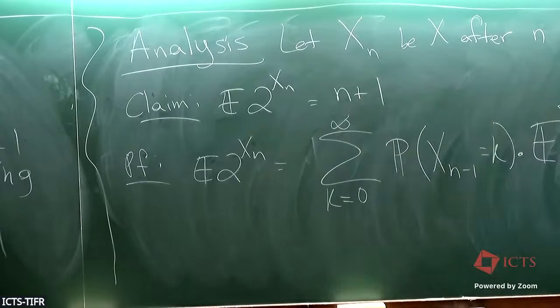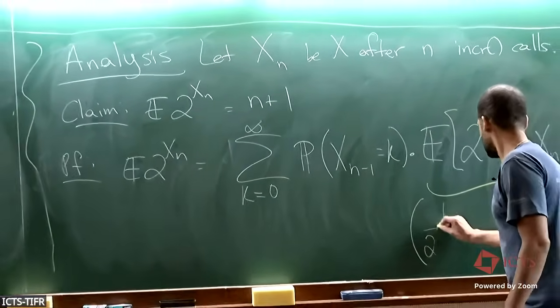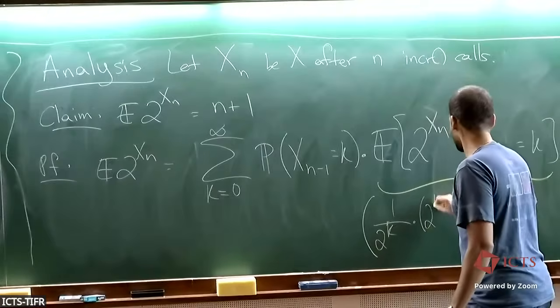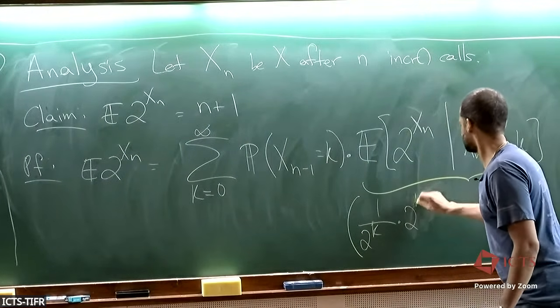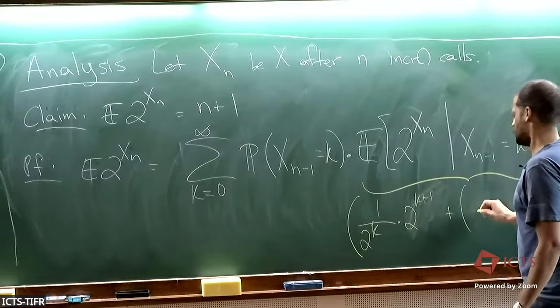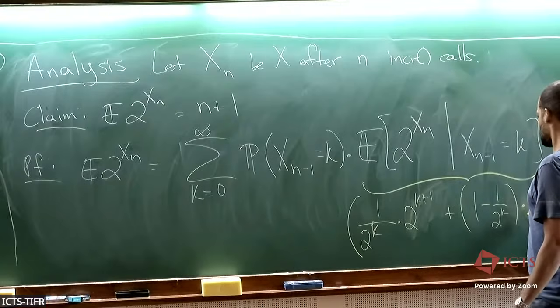What is this thing? Well, this is equal to 1 over 2 to the k times 2 to the k plus 1, plus 1 minus 1 over 2 to the k times 2 to the k.